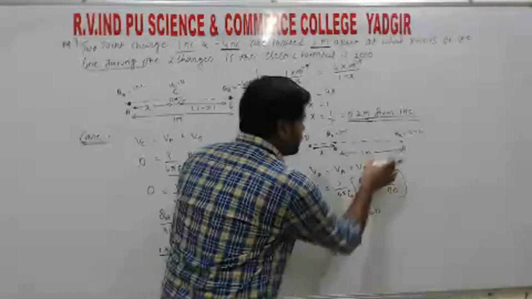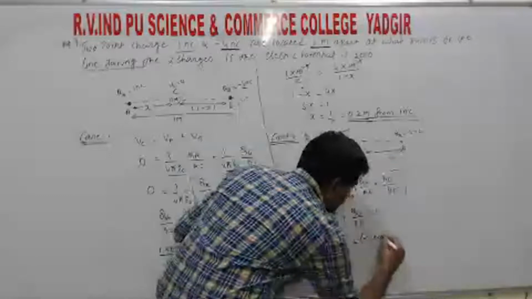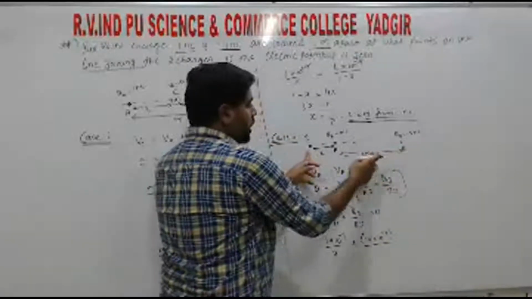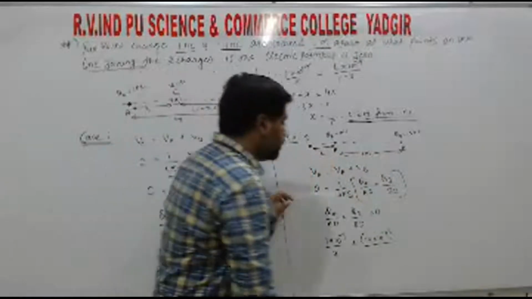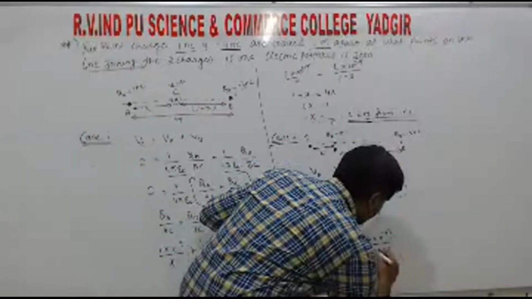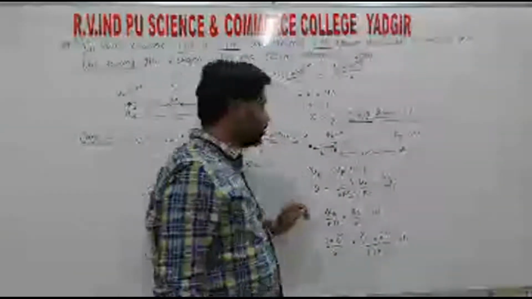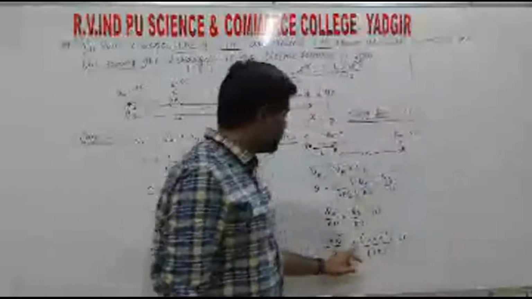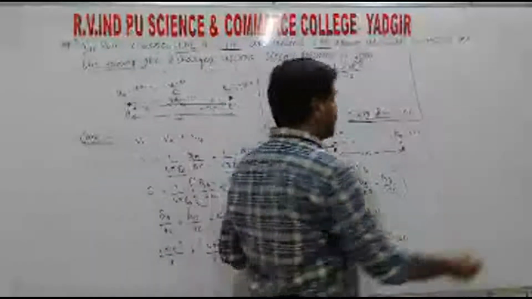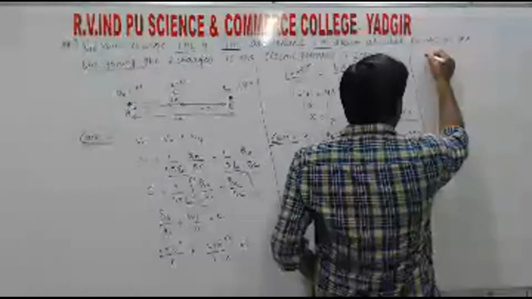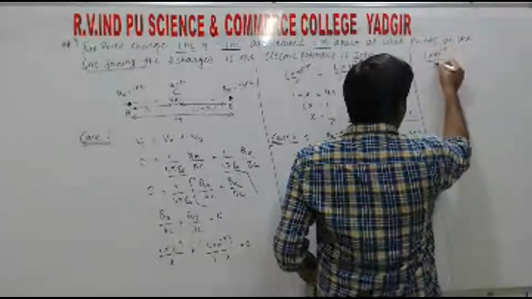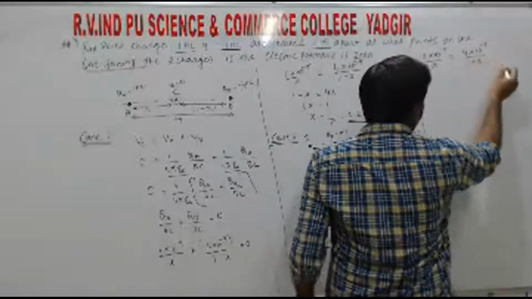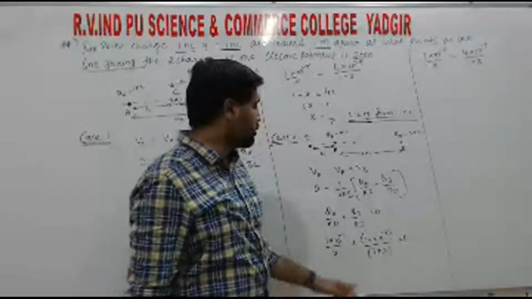Minus 4 into 10 to the power of minus 9 divided by the total distance from B to D, which is 1 plus x, equals 0. Again, plus into minus is minus. If we shift to the RHS, it becomes plus: 1 into 10 to the power of minus 9 by x equals 4 into 10 to the power of minus 9 divided by 1 plus x.